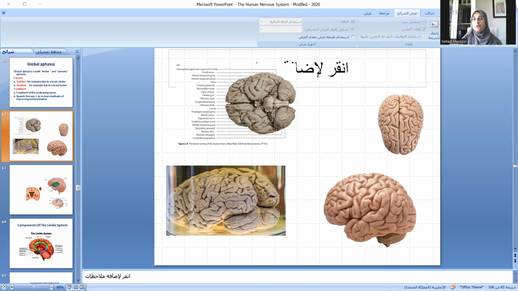Of course, as you know, the central nervous system consists of the brain and the spinal cord. And the brain consists of two cerebral hemispheres. This looks rather like a normal brain.